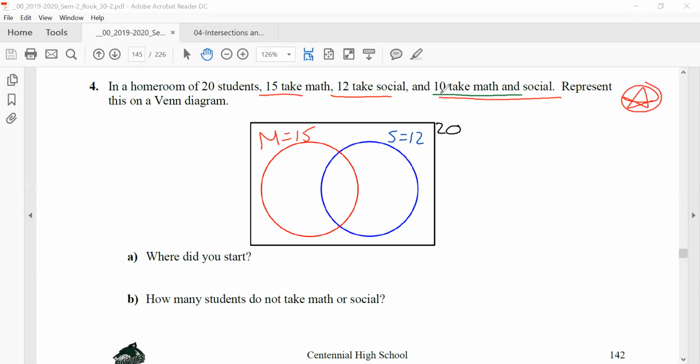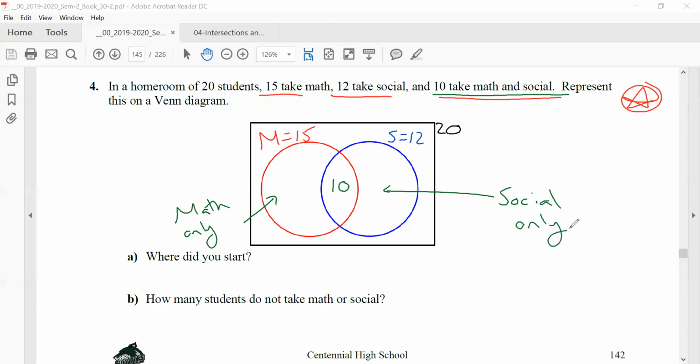I'm going to start right here. 10 take math and social. Right there. They're the people that are taking both. So now the question is, how many people are right here in math only? And how many people are here in social only?